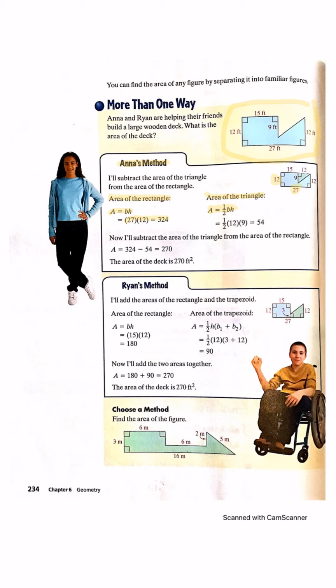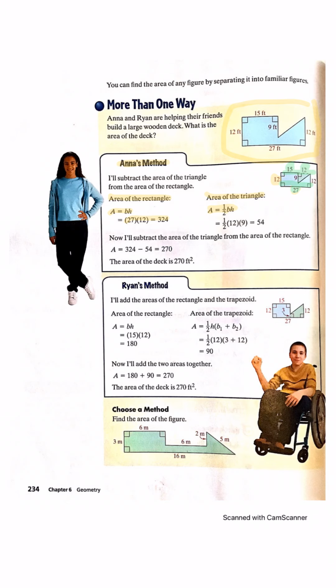So if you see, she knows that this bottom is 27. And so these lines are going to be the same length. So if this was 15, what she did is she took 27 and subtracted 15, and that's how she got 12.